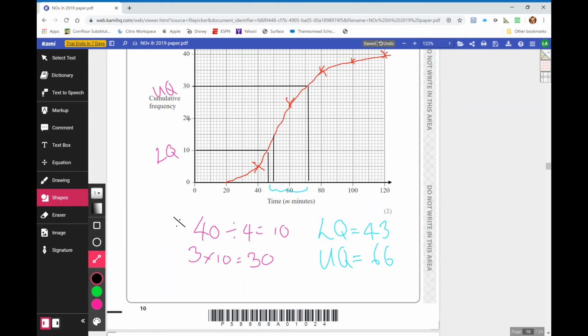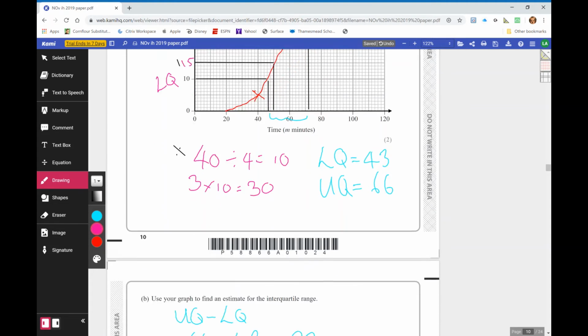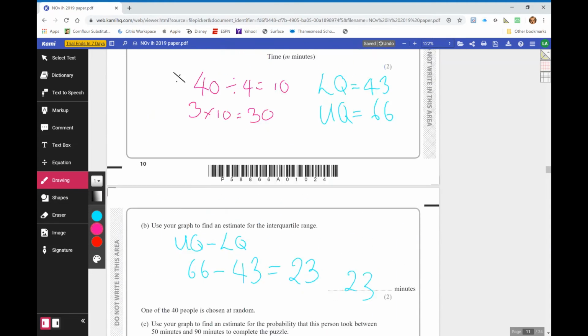It's not liking me today at all. Okay, roughly about there. So again, they will always give you a little bit of range. So it's about 15. So 50 is about 15 cumulatively, and 90 minutes.